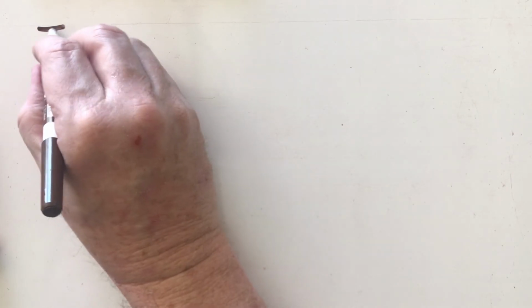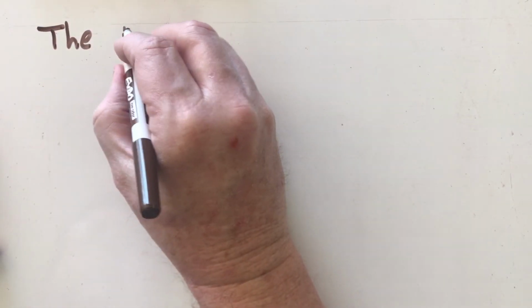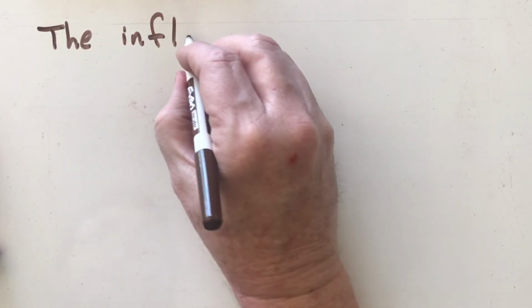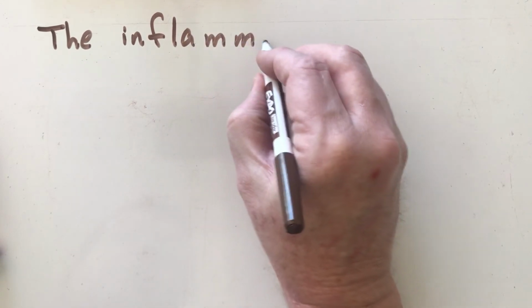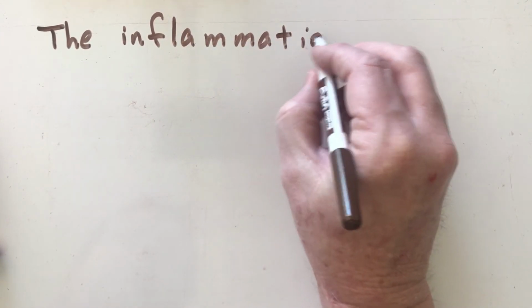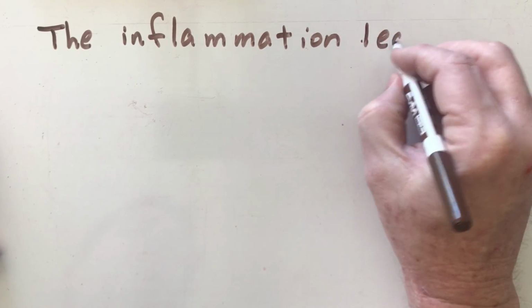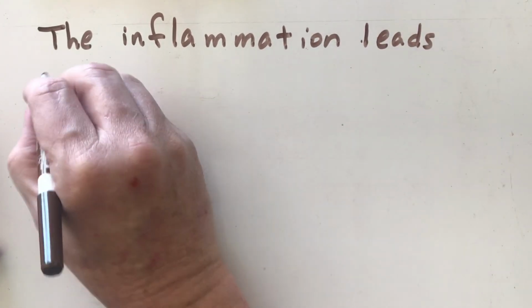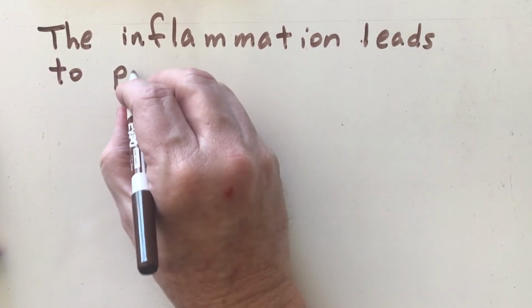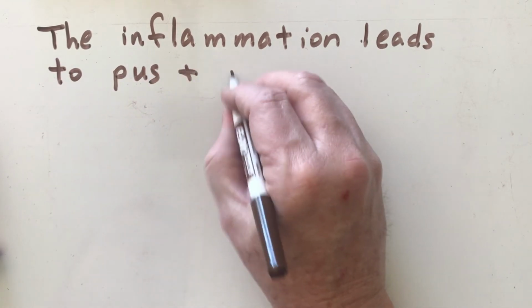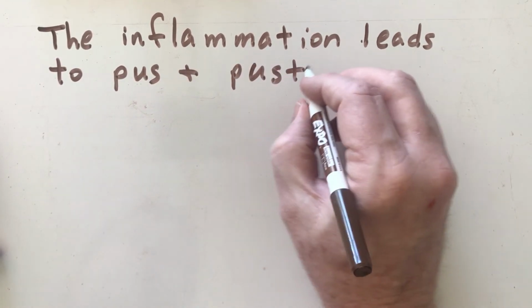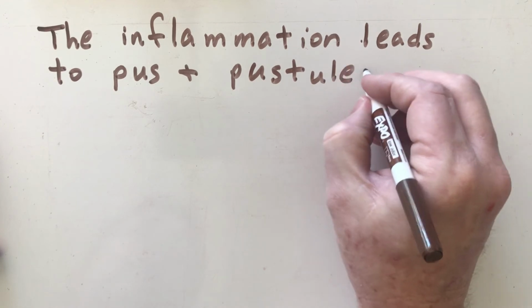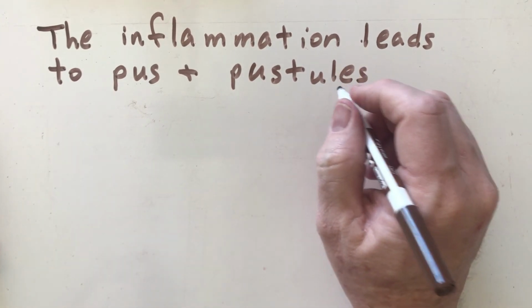All right? So the inflammation leads to pus and pustules. And if you remember, a pustule is just basically a pus-filled bump.